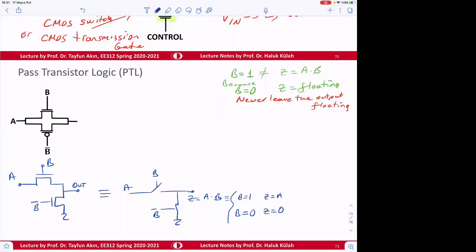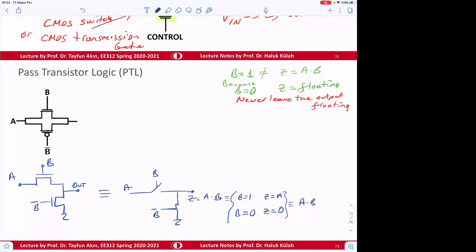So it's not floating anymore. Logic-wise, if you look at this logic, this is equal to A dot B. B is equal to 1, the result is A. B is equal to 0, the result is 0. So we need to make sure that there is no floating case.